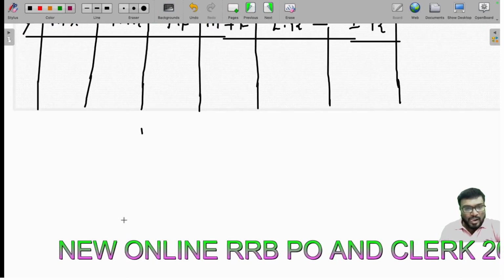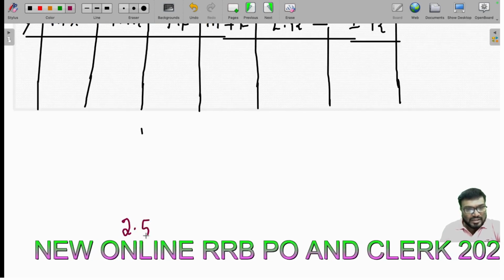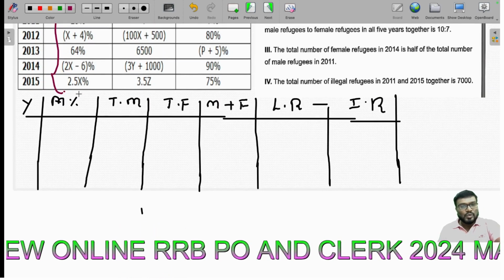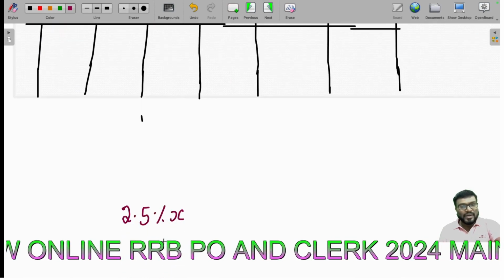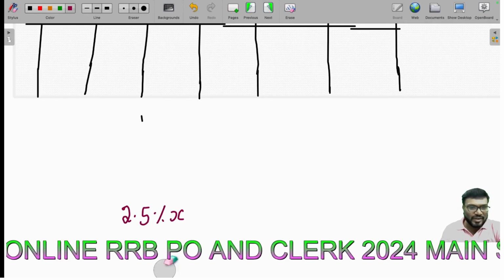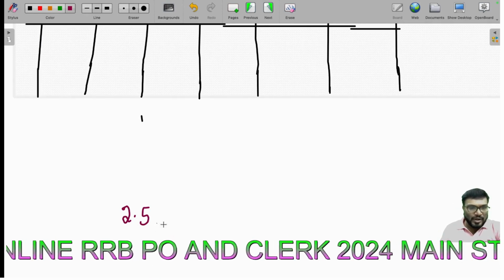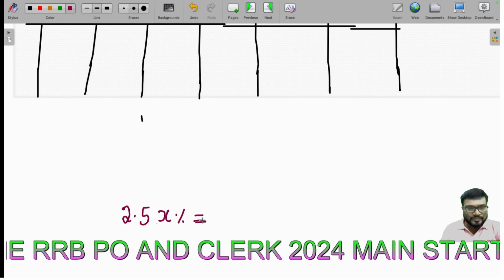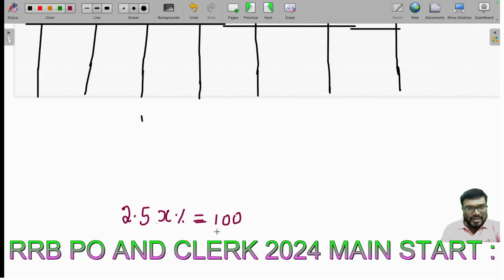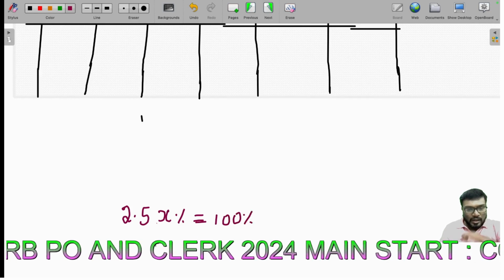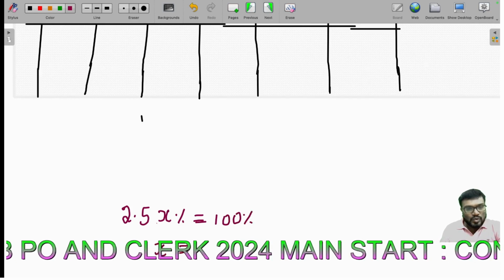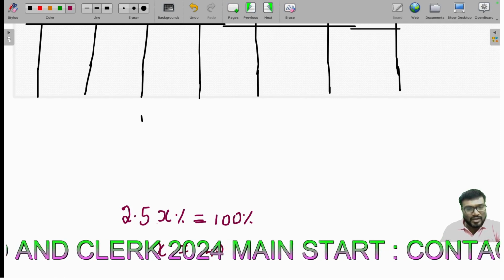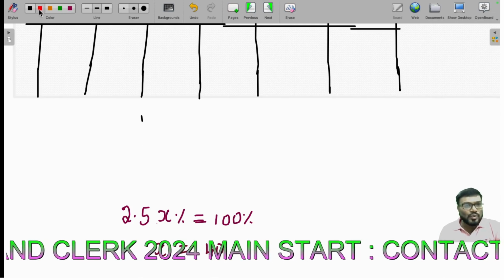I will write here 2.5 percentage of x. 2.5x percentage is equal to 100, which means I am assuming 100 percentage. x is equal to 100 divided by 2.5, which is 40. Now the x value is 40.